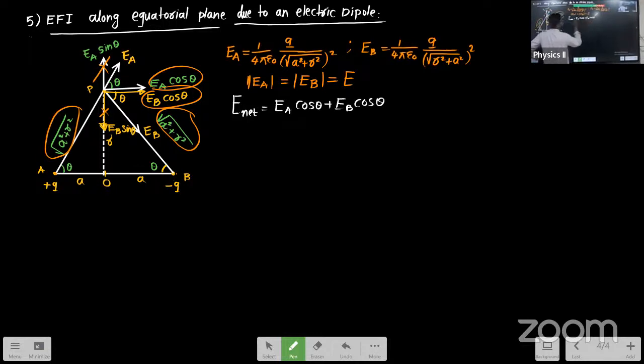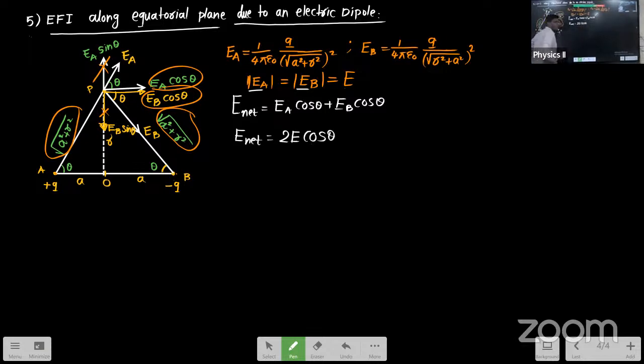But what I know is that EA is equal to EB is equal to E. So cos theta is there. So this will become 2E cos theta. I hope you are getting this.